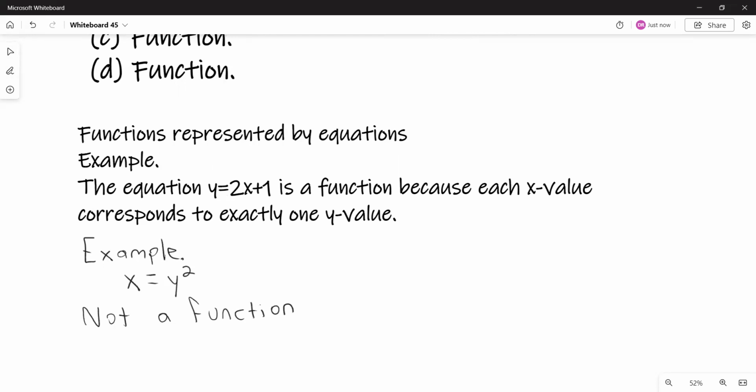Let's set up x equals 1. We know that y squared equals 1 has two solutions, and those are plus minus 1. So you have an x value corresponding to two different y values. Or x equals 4, that also has two solutions. So you have two different y values for the same x.